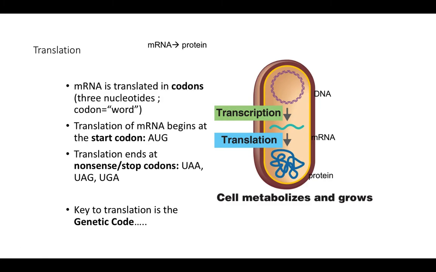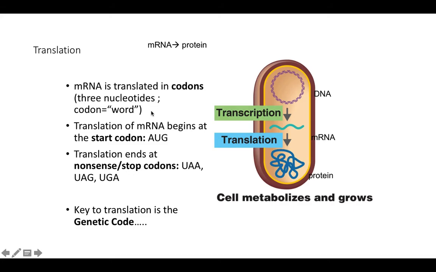So again, folks, we talked about how the key to translation is the genetic code. You'll recall that the mRNA is translated into specific amino acids using mRNA codons, and codons are three specific bases. So if the nucleotides or the bases are the letters, the codons are the words.